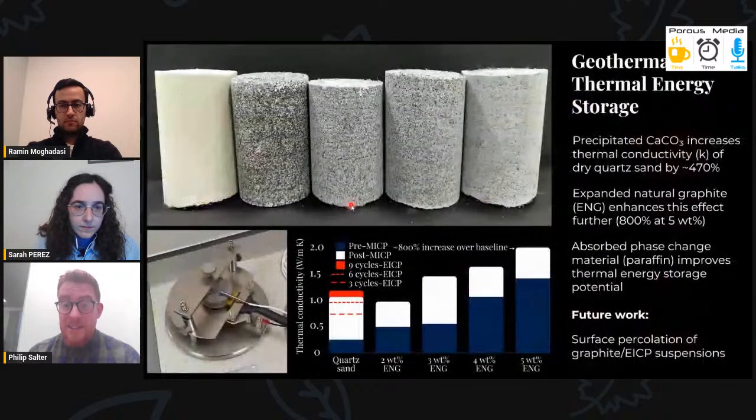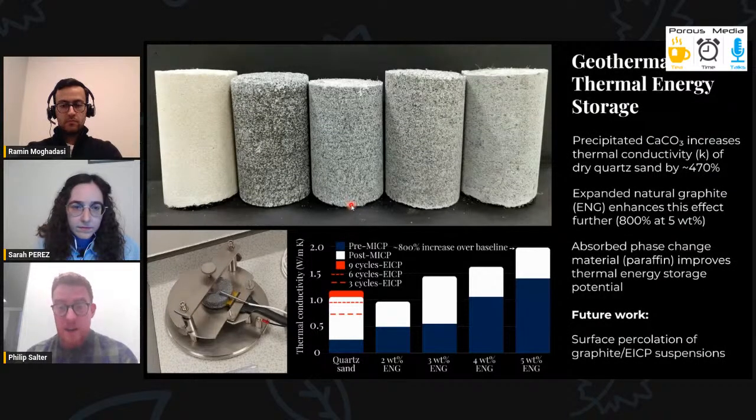And the other case study, which unfortunately I've not been able to talk about too much today, is geothermal and thermal energy storage. And what we've found so far is that precipitated calcium carbonate can increase the thermal conductivity of dry quartz sand by around 470% after 9 treatment cycles.